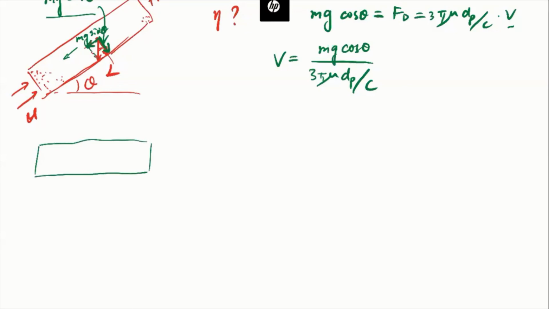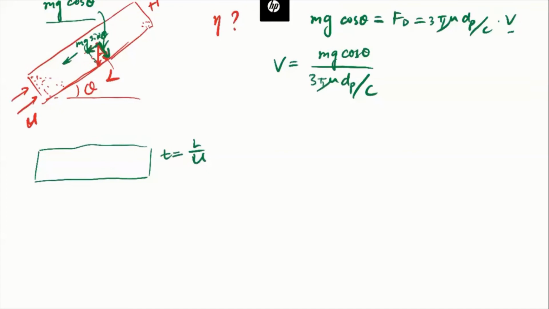So we know that for a horizontal duct, the time is just L divided by U, right? But for a tilted duct, this time is different, mainly because there's a force that's trying to drag the particles down in this way. So the way we solve that is still by equating the drag force with the external force on the particle, basically mg sine theta equal to Fd, which is 3 pi mu dp divided by c multiplied by Vr.